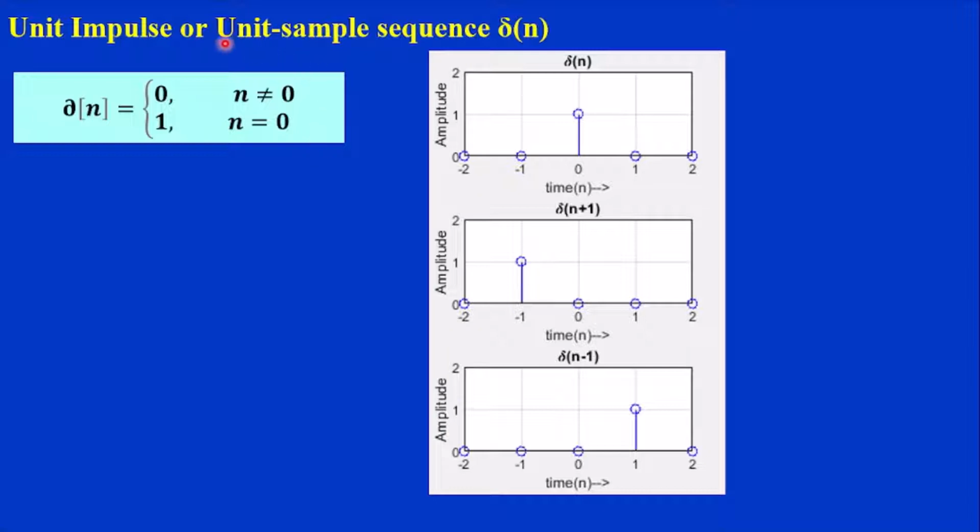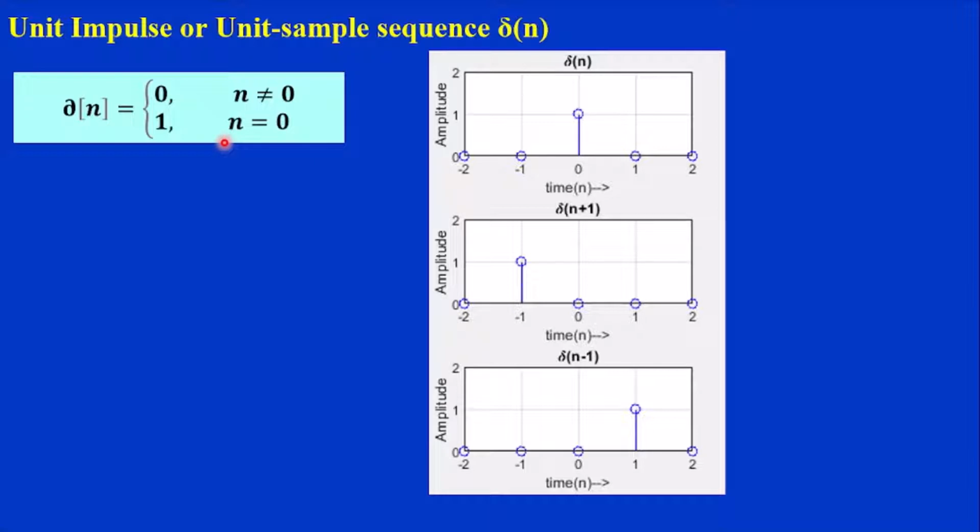And this is the representation: delta of n equal to 0 for n not equal to 0, and delta of n equal to 1 for n equal to 0. In this case, it has only one sample at n equal to 0.